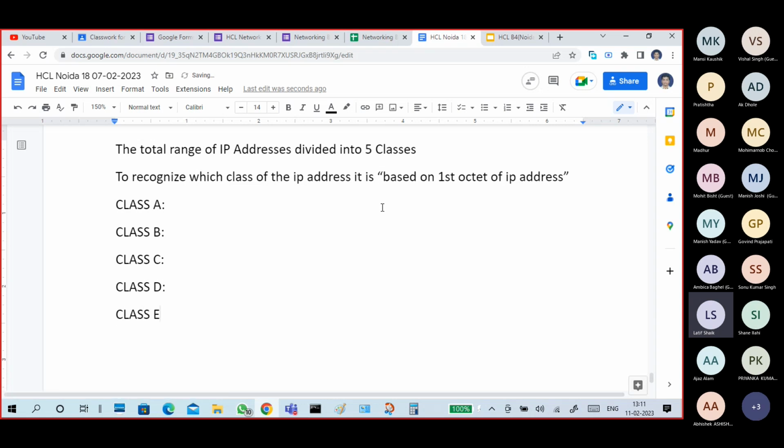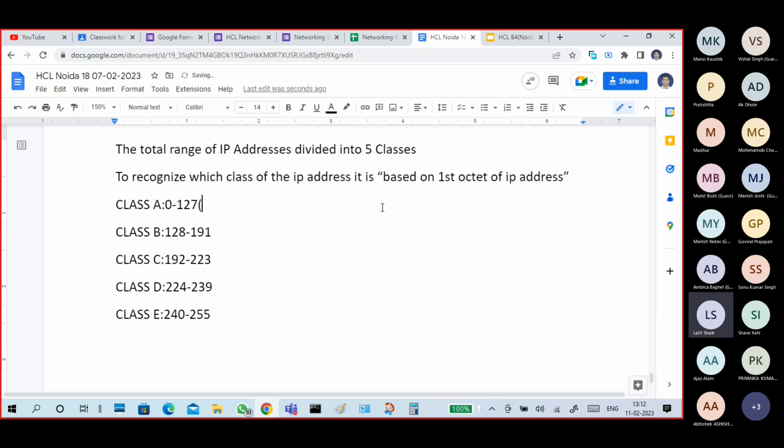Generally, we have to tell it in binary format first, but I am giving direct ranges: 0 to 127, 128 to 191, 192 to 223, 224 to 239, 240 to 255.